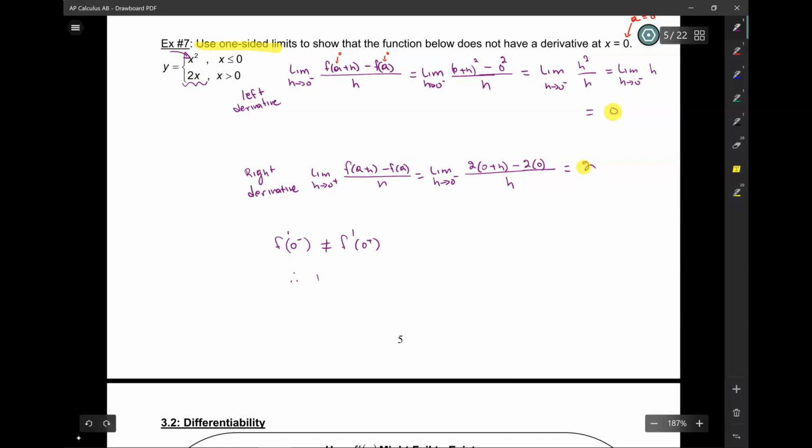Therefore, the function is not differentiable at x equals 0. And it's important to specify at x equals 0, because if you just say the function is not differentiable, it means that it's not differentiable anywhere or in other places. So you have to specify that it's at that point.